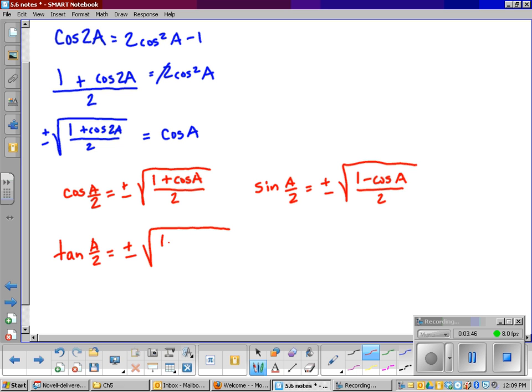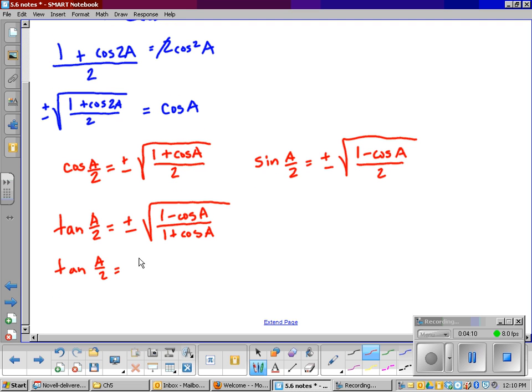So I'm going to have 1 minus cosine A on the top, which is this numerator, because it goes with sine, divided by this numerator, 1 plus cosine A. Another version, or the 2 other versions of tangent A over 2, do not have a plus or minus out front.